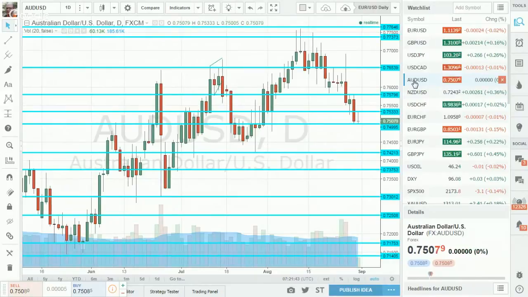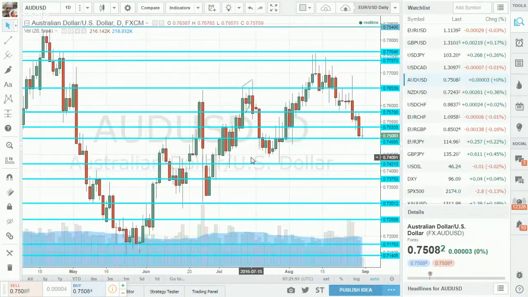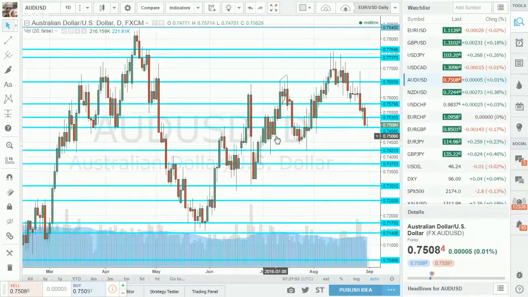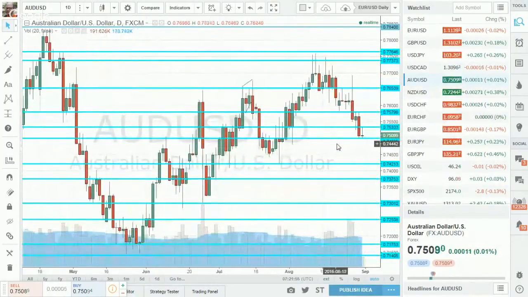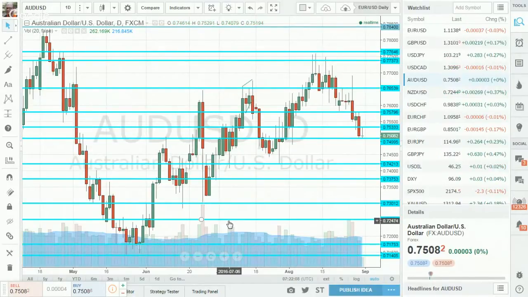So 74.20 is further support, worked as such back in August, followed by 73.70 or 73.75, which, well, in the past capped the pair. Further support 73, which was a line of support here in July, and then when we traded in a lower range, we were between 72.50 to 71.75.